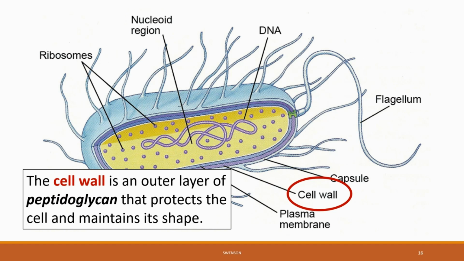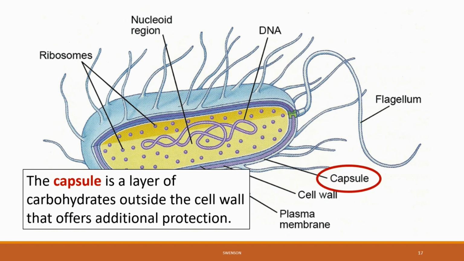Therefore, peptidoglycan is a structure made of proteins and sugars. Peptidoglycan is a rigid material that gives the cell wall extra rigidity and strength, and thereby helps protect the cell and maintain its shape. The capsule is a fine layer made of carbohydrates outside the cell wall that provides further protection to the cell.